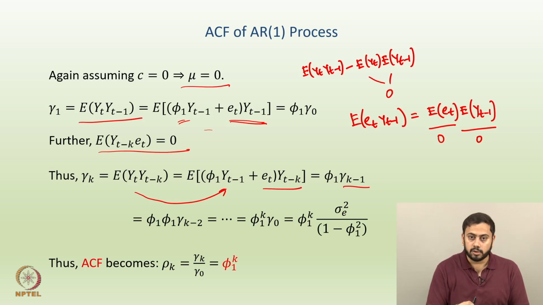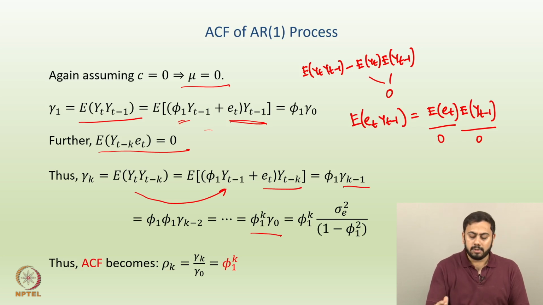So gamma k minus 2 would be a function of gamma k minus 3, and so on. Essentially this is phi 1 into gamma k minus 2, which is phi 1 into phi 1 into phi 1 into gamma k minus 3, etc. And the last term would be something like phi 1 to the power k into gamma naught.